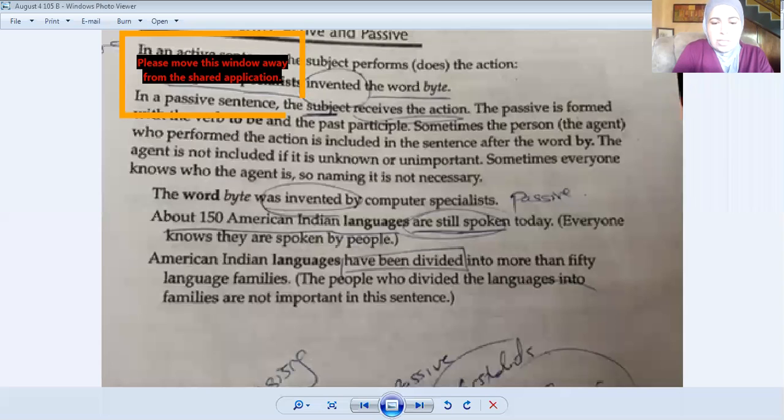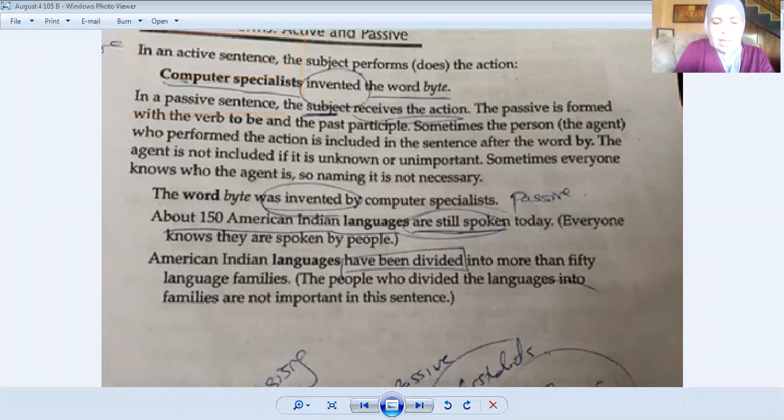We have first the object, then we have the verb. But what is the structure of the verb? What do we have? We have an auxiliary, guys, an auxiliary, which is a helping verb. And we have what?